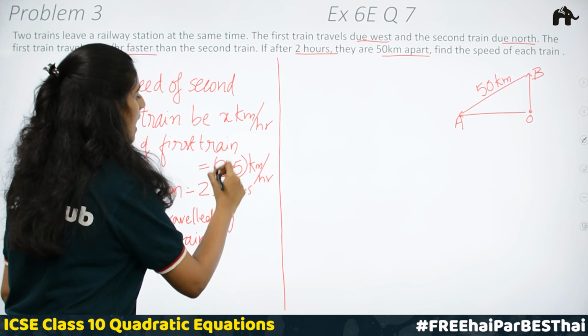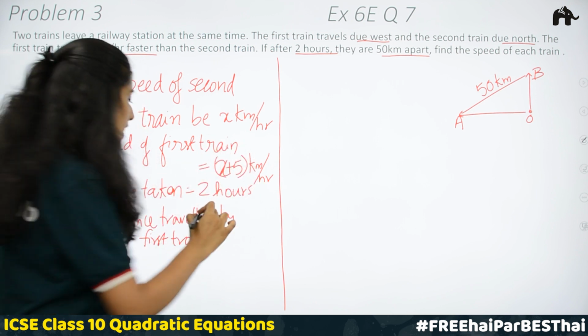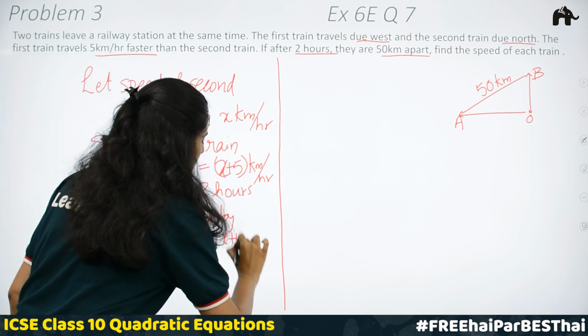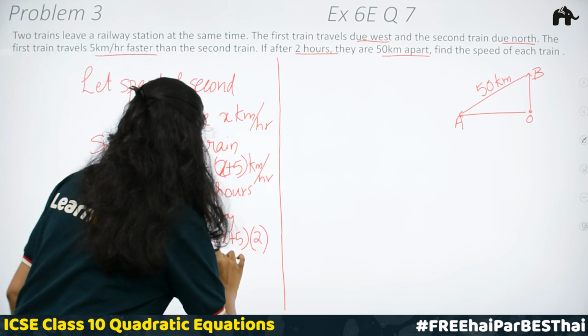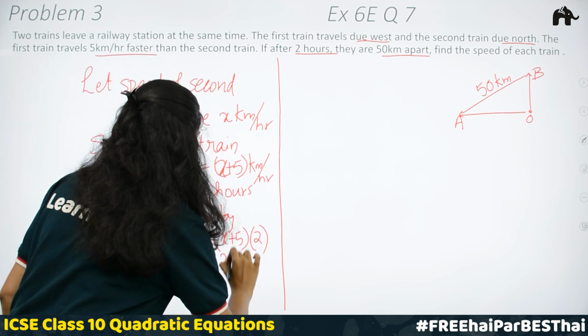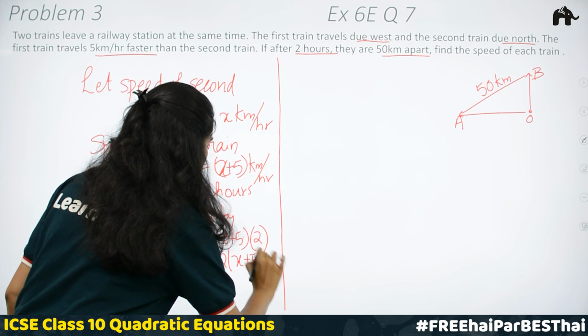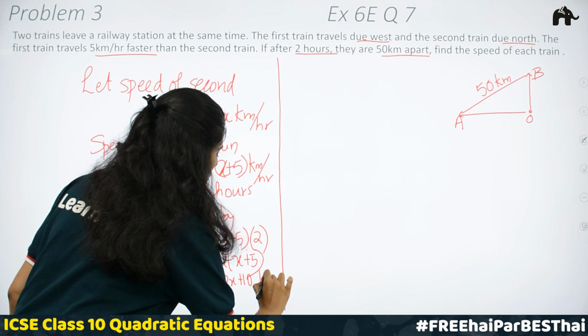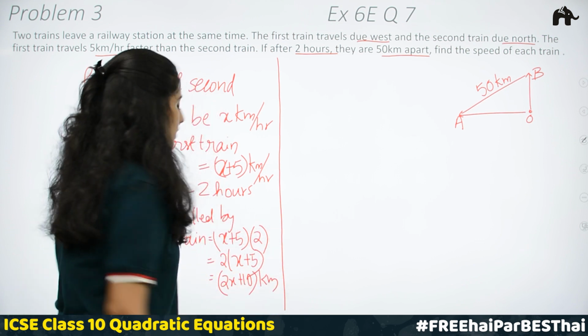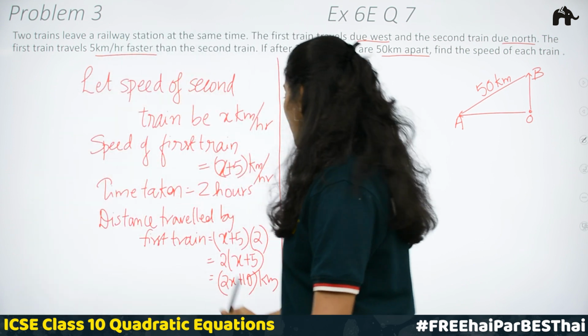Here the speed is x plus 5 km per hour. What is the time? Time is 2 hours. So we get 2 into x plus 5, or 2x plus 10 kilometers, is the distance travelled by the first train.